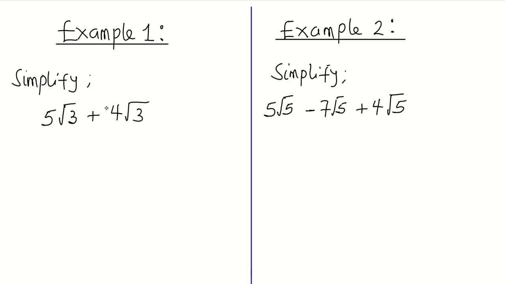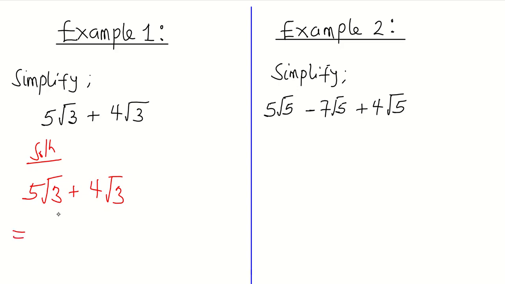Now in example 1, it says we should simplify 5 square root of 3 plus 4 square root of 3. So let's write it well: 5 square root of 3 plus 4 square root of 3.